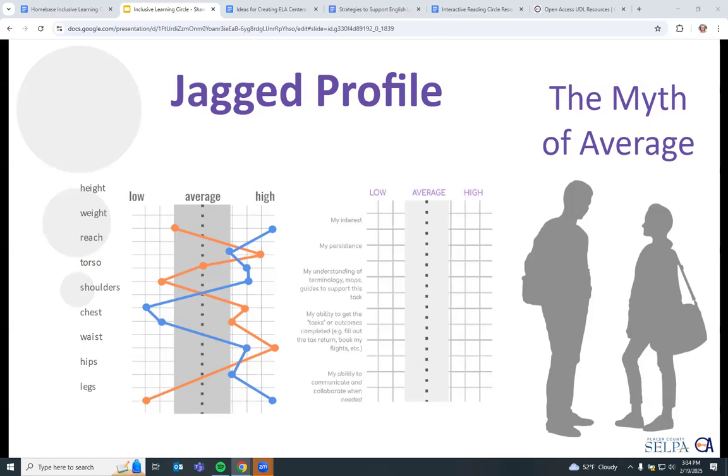But when they calculated the average size pilot, because so many variables were being measured, the average pilot measurement fit 0 of the 400 pilots measured, because each of these parts of a whole just cannot be averaged. The solution became adjustable seats in airplanes, and it's also the reason we now have adjustable seats in cars.